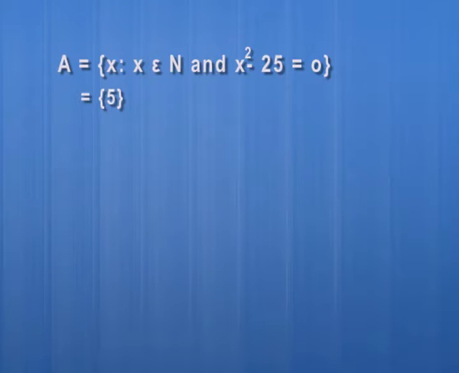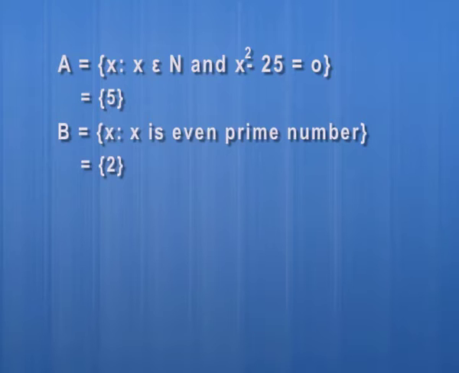Again, suppose I take the set B, set of all x such that x is an even prime number. Now, I have to look for all prime numbers which are even. We have got only one even prime number, and that is 2. Again, this set is having only one element.